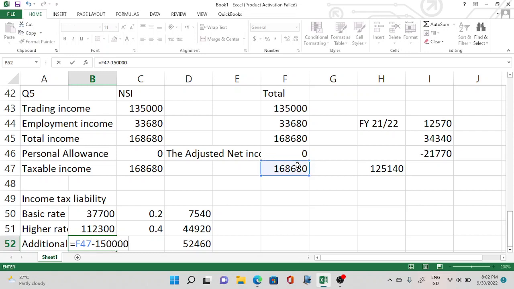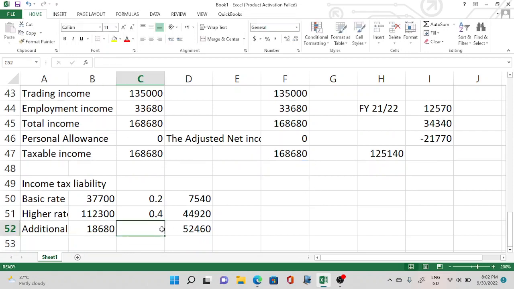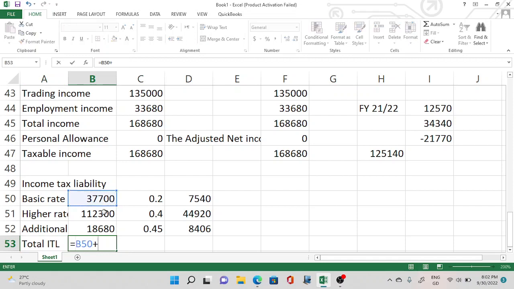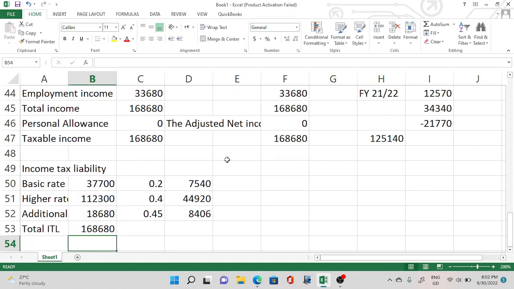So 150,000 subtracted, and it will be taxed at 45%. So now let's do the total income tax liability. When we sum it up, then you can know how much income I've actually taken. So no mistakes. Correct? Matching? Fine. Total. Okay, so 60,866 will be given.